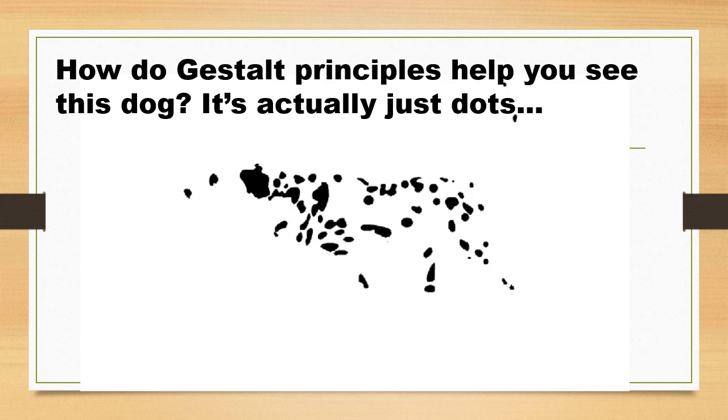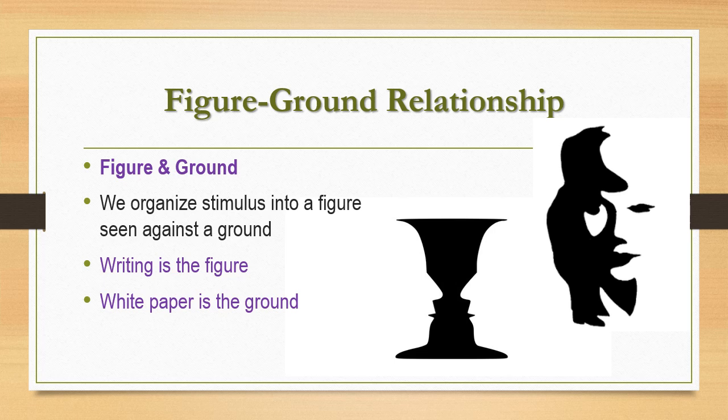So let's look more at these Gestalt principles. Figure and ground is typically on a white background where we see whatever the writing is or whatever the picture or image is. We see how it stands out against the white background. So writing is the figure and white paper is the ground. But let's look at these.